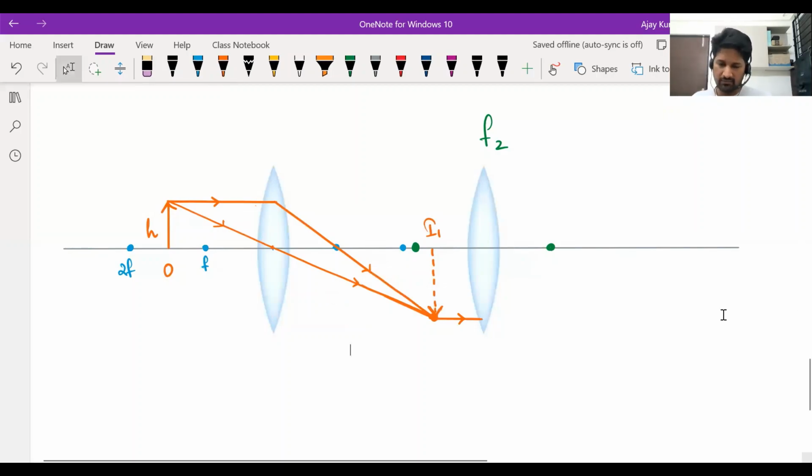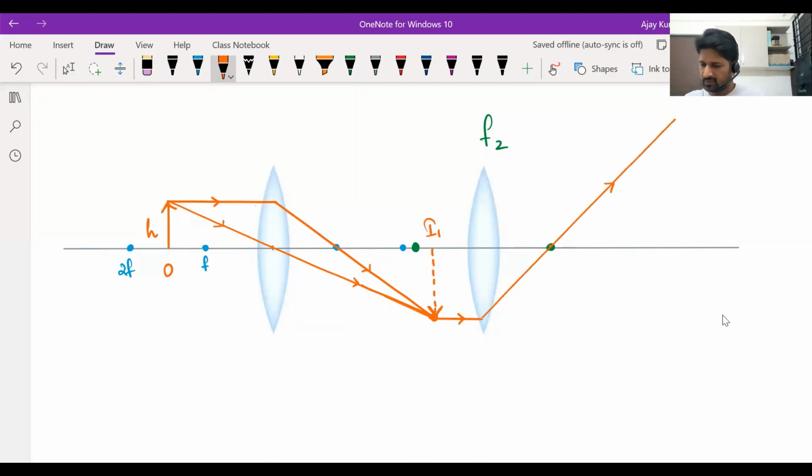So I1, which is the image formed by the first lens, is an object for the second lens, and we are doing ray tracing for that object. One ray travels parallel to the principal axis, and after refraction, it passes through the focus this way. Another ray is drawn straight through the optical center, and after refraction, it passes this way. As you can see, these two don't meet after refraction.